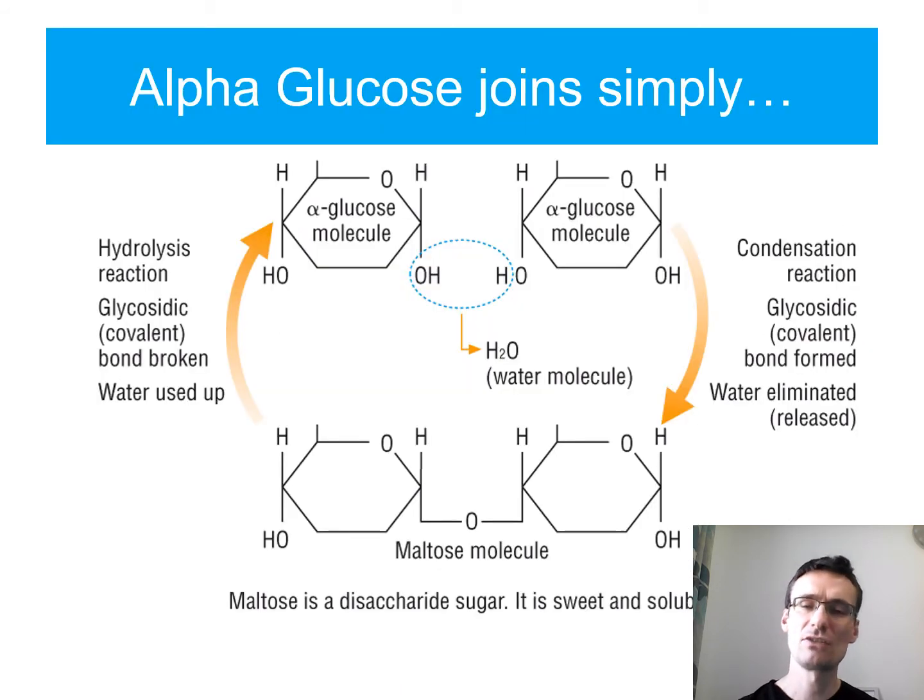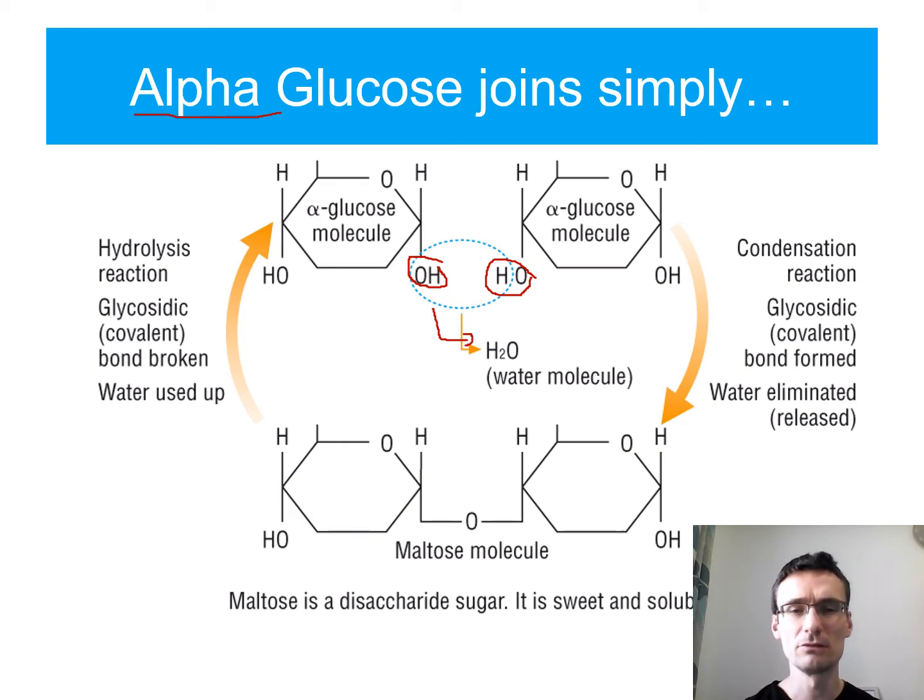So going back to the previous lesson again, today we're going to be looking at beta glucose, but with alpha glucose, which makes up starch and glycogen, it's a pretty obvious process by now. You have here the two OH groups that are aligned next to each other naturally. So if you follow the blue dotted line, 2 hydrogens and 1 oxygen come out. It's a condensation reaction.